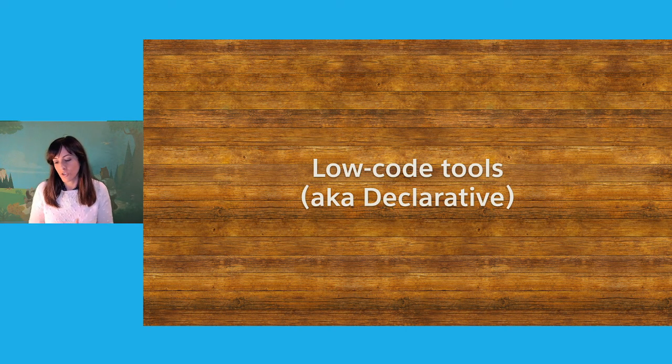Why? Because normally these are tools with which you don't need code. You can build business processes or user interfaces just using point and click, dragging and dropping components into the page, but optionally you can extend the content of those tools with code. That's the reason we want to call them low-code tools.